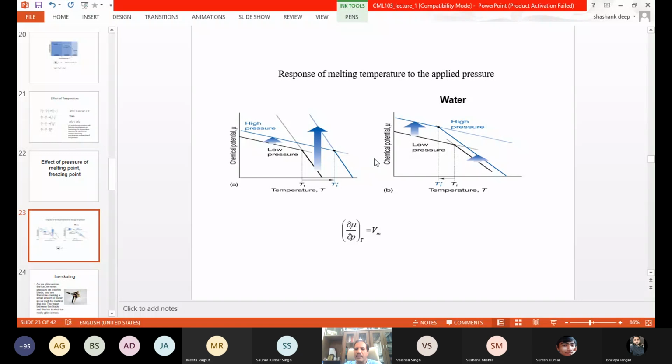Now look at water. In the water case, Vm of solid is greater than Vm of liquid. In that case, here there will be a larger increase, and at this point there will be a smaller increase. It will always increase, but the magnitude of increase will be different for liquid and solid form.